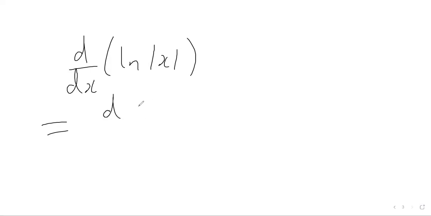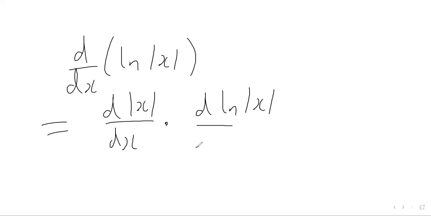So we know that when we differentiate the log function of a variable, we should just get 1 over x. But this time we're differentiating the natural log function when we insert the modulus function. So this is the same as differentiating the modulus of x with respect to x multiplied by the natural log of the modulus of x with respect to the modulus of x. So when we do this second part here, we just get 1 over mod x.